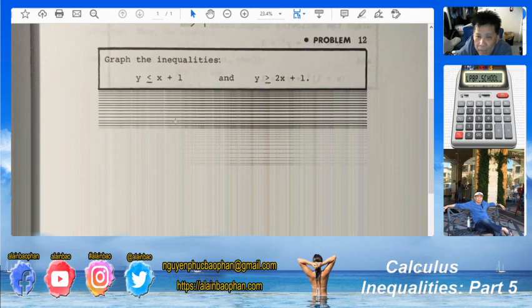And for y equal 0, substitute 0 here, then x equal minus 1. It's right here. Okay, so that's the first equation. The straight line goes up here.